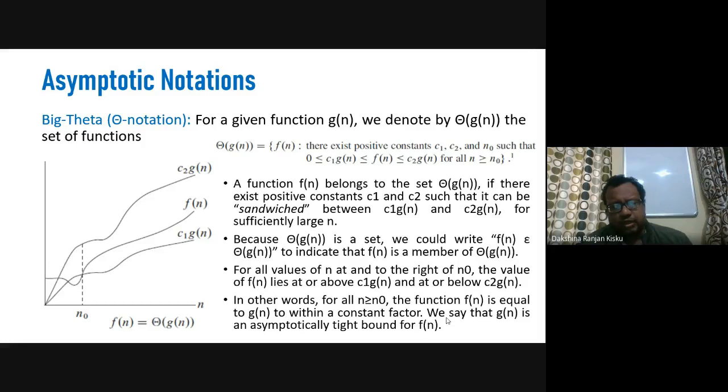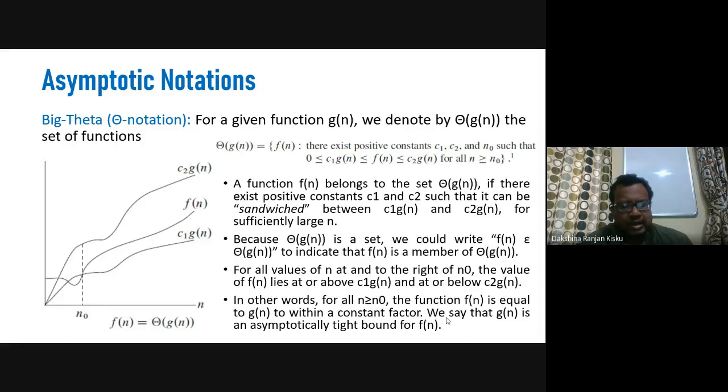Okay. Now, if we carefully look at the graph on the left hand side, we can see that there is a function f(n), which is determined from an algorithm, and we have some other alternative algorithms from which we can determine two other functions with positive constants c1 and c2. That means c1 g(n) is one function and c2 g(n) is another function.